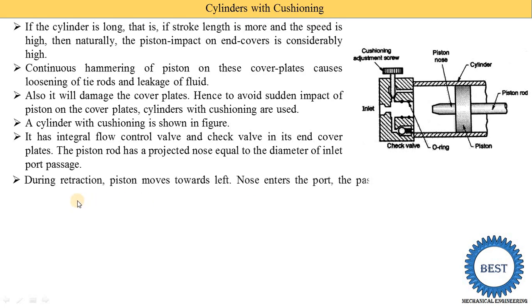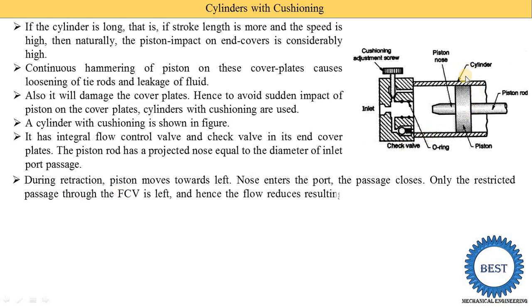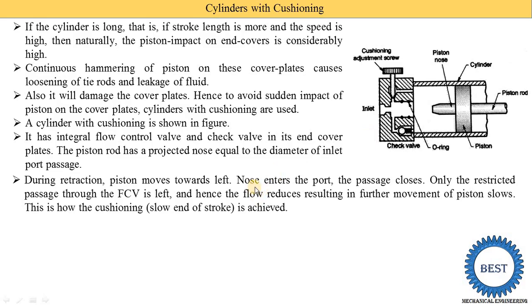During retraction, the piston moves towards the left; during the retraction stroke the piston starts to move from right to left. And the nose enters the port. When this nose enters the port, what happens? Only the restricted passage through the FCV is left, and hence the flow is reduced, resulting in slower further movement of the piston.